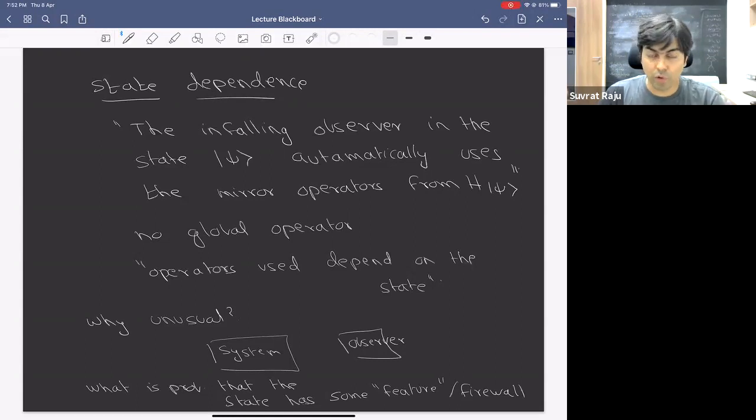When you ask usually in quantum mechanics a question of this kind, what is the probability the simple harmonic oscillator is in some state, usually this question is answered by taking the expectation value of a projector in the state, where this projector projects onto states that have that feature. The expectation value of this projector answers this question for you.